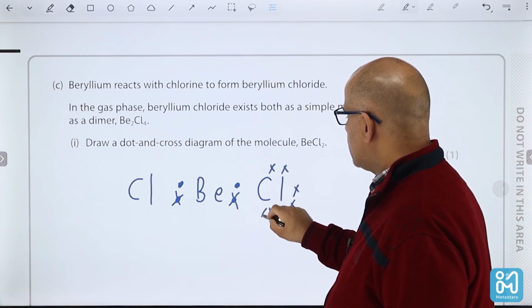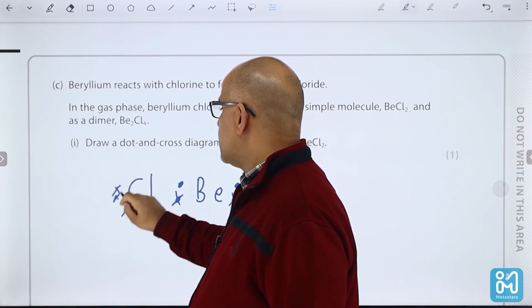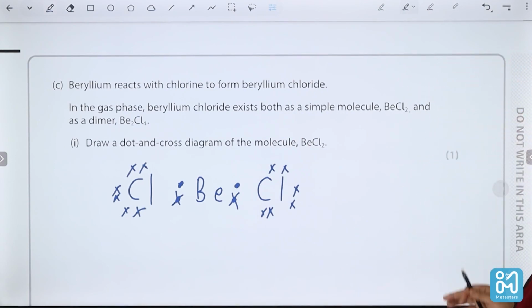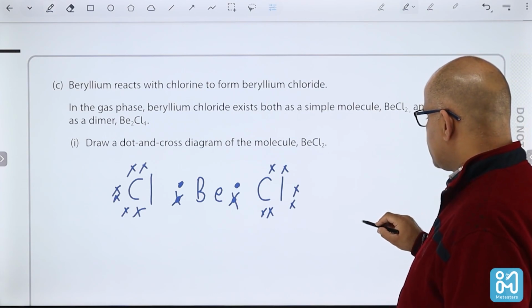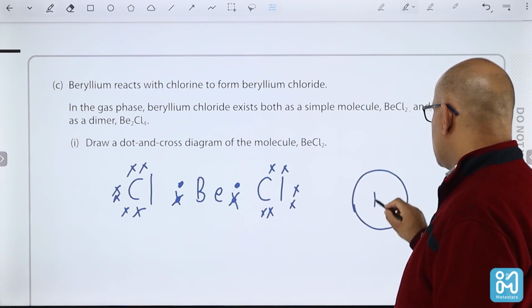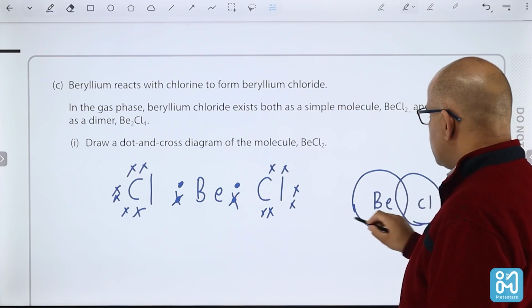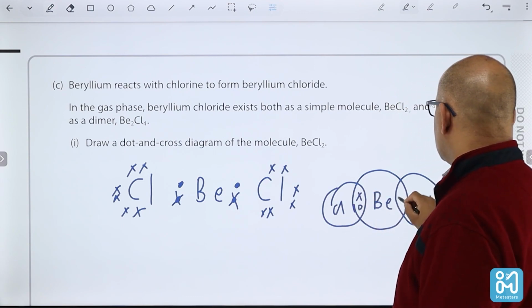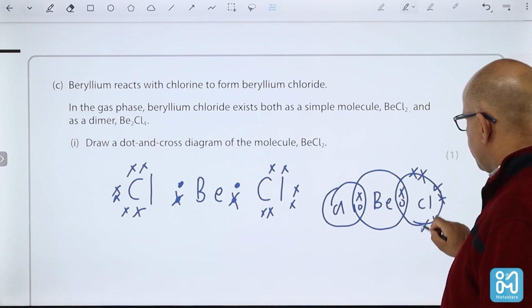We have 6 electrons surrounding each chlorine. That's why we have the beryllium chloride dot and cross diagram. Or sometimes some students draw it like that, so we have beryllium and there is a kind of sharing of electrons.